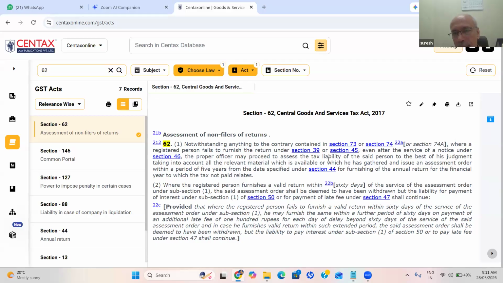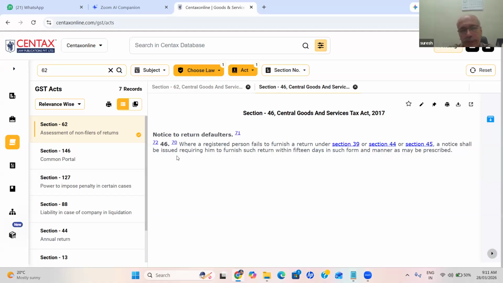After that, it says that even after the service of a notice under section 46. There is a section 46 which says that a notice is to be issued to the non-filer of return. So I take you to section 46. Here it says, where a registered person fails to furnish a return under section 39 or section 44 or section 45, a notice shall be issued requiring him to furnish such return within 15 days.